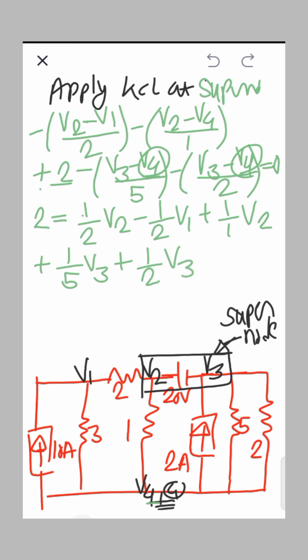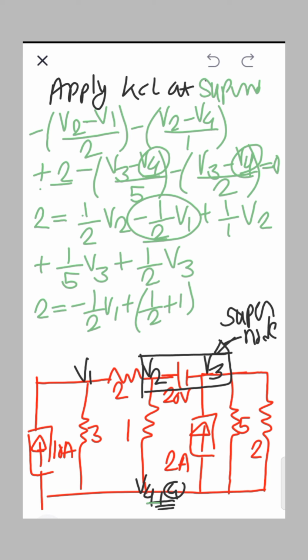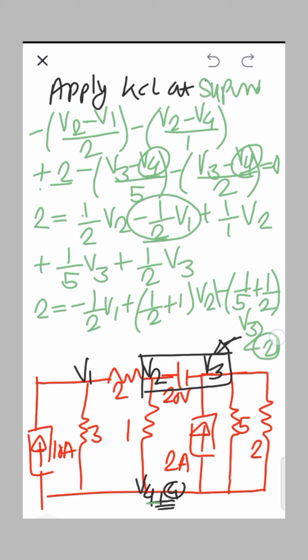So the final equation will be 2 equal to minus 1 by 2 V1 plus (1 by 2 plus 1) V2, and the last, (1 by 5 plus 1 by 2) V3. This is your equation number 2. Clear? This is your final equation.